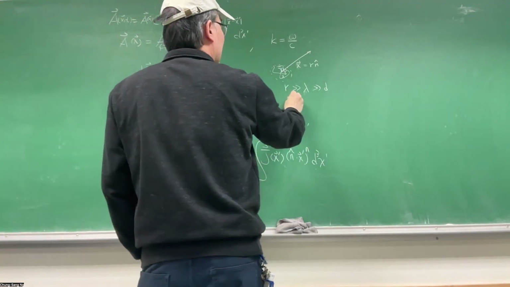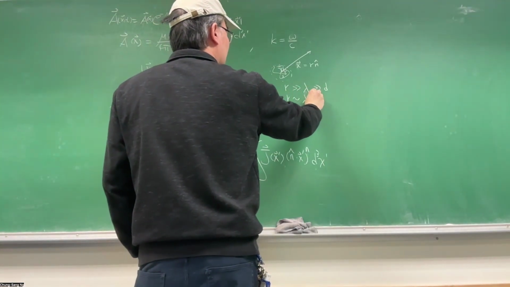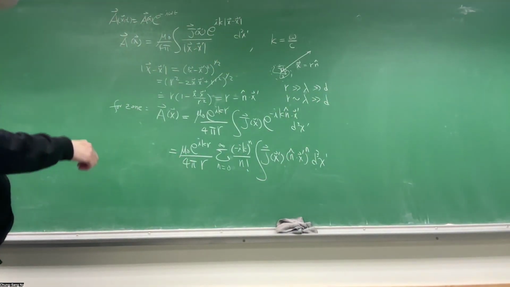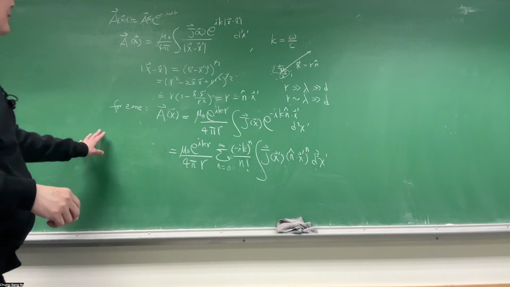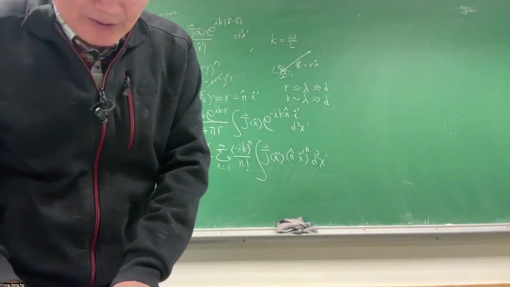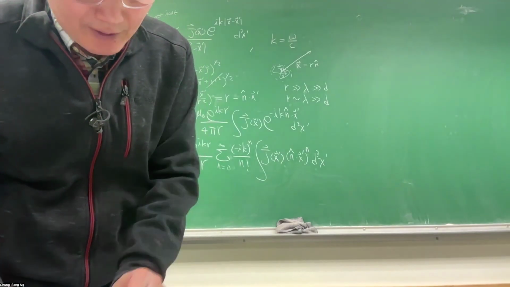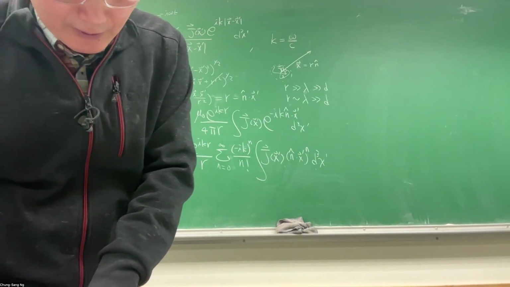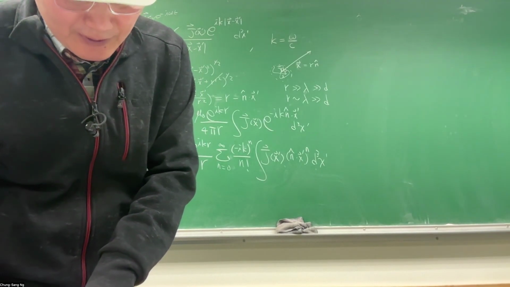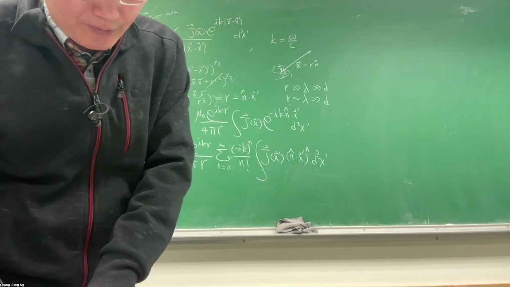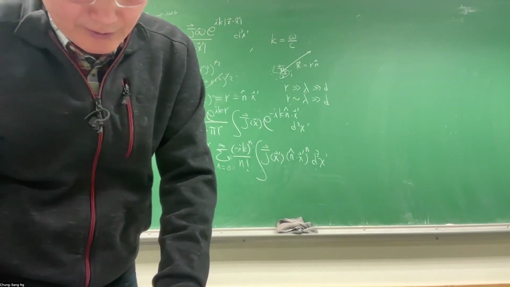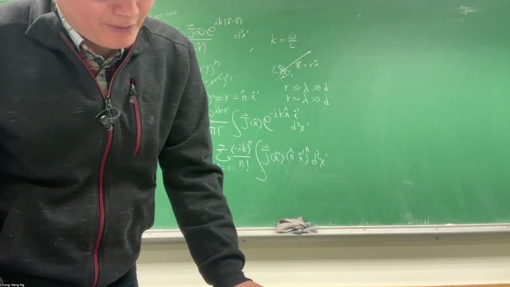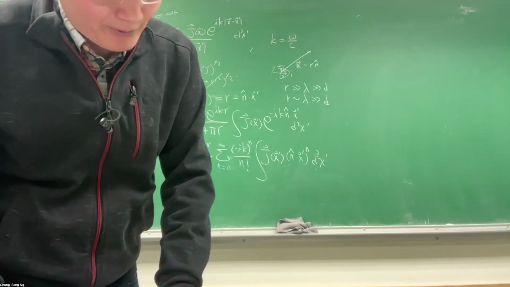In the intermediate zone you cannot use the fact that R is much bigger than lambda to simplify, and the end result is complicated. Jackson has a later section to talk more about that, summarized in 9.11. That gives you a transition from the near zone to the far zone, and it's all very complicated in the intermediate zone. So we'll just ignore all that and not talk about it further.